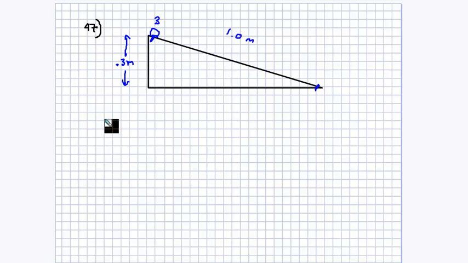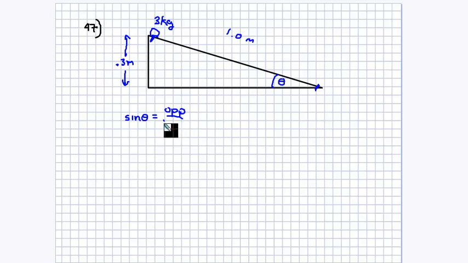Before we get too excited here, we probably should spend a moment calculating that angle, because that's going to be very important when we look at the forces up here. So let's see, what is the trig function that relates this angle, the opposite side, and the hypotenuse? I do believe that's sine. Sine of that angle should equal opposite over hypotenuse.